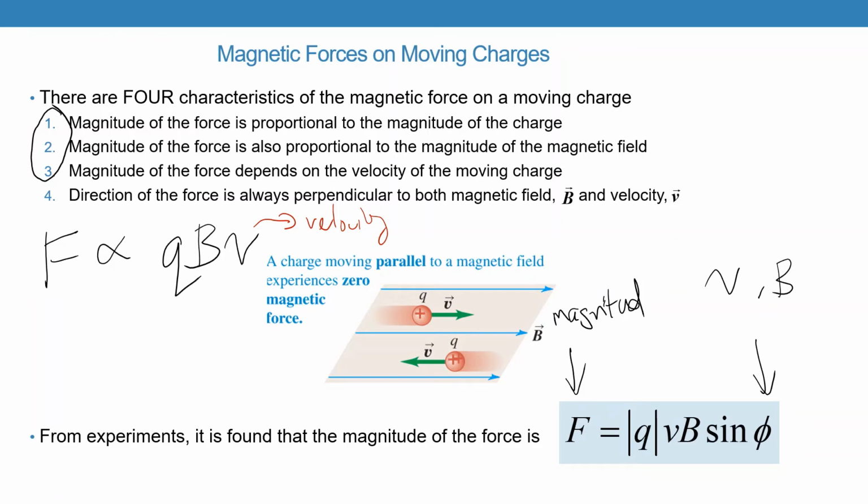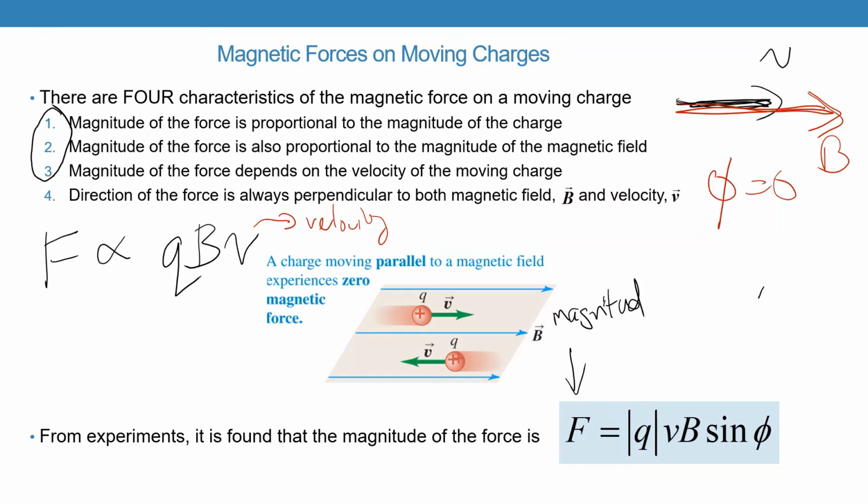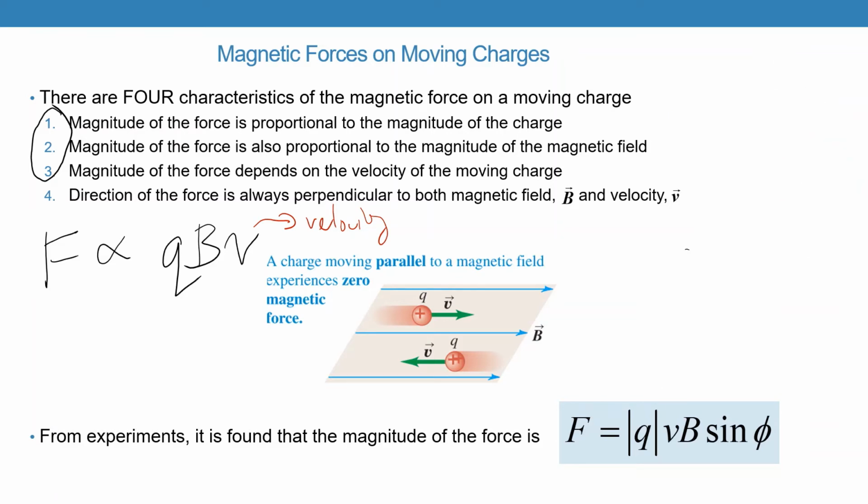It will be 0, because the velocity is in the same direction as the field. So phi is 0. Sine of 0 degrees is 0, so everything becomes 0. That is why the charge experiences no force if it is moving parallel to the magnetic field.